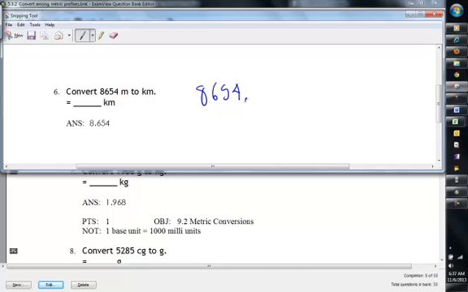Move the decimal point 3 places to the left. Makes it 8.654 kilometers. Or we could start out 8.654 meters times 1,000 meters is 1 kilometer. And that's pretty basic how you do that.